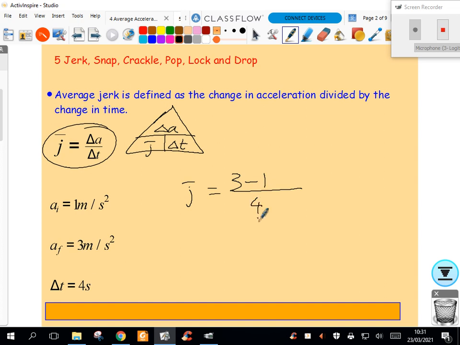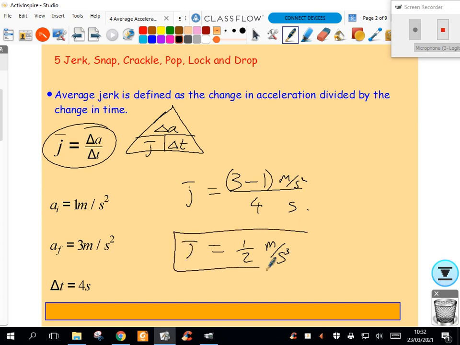Now if I just think about the units, on the top the units are meters per second squared, and on the bottom we have seconds. 3 subtract 1 is 2, 2 divided by 4, well, that's a half. Meters per second squared divided by seconds is meters per second cubed. So the average jerk of this object is a half a meter per second cubed.